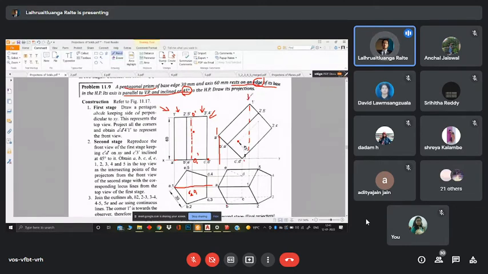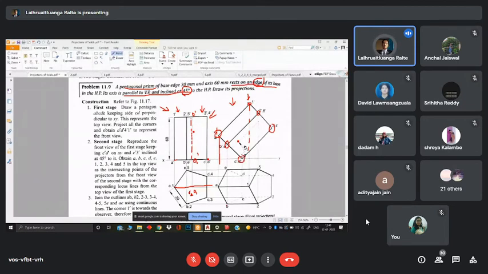So the top part comes at 1 over here, and 2 and 5 are also going to be there, and 3 and 4 are also going to be there, and A is also going to be there. And somehow B and E are also going to be there. All right, we are looking from top and we are looking at a prism over there. So this part is going to be hidden.